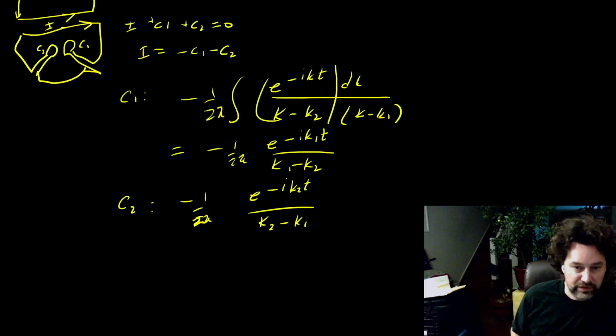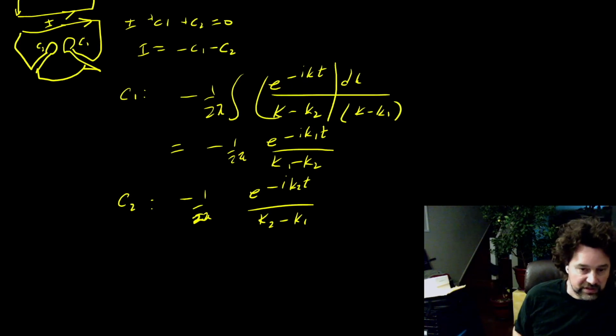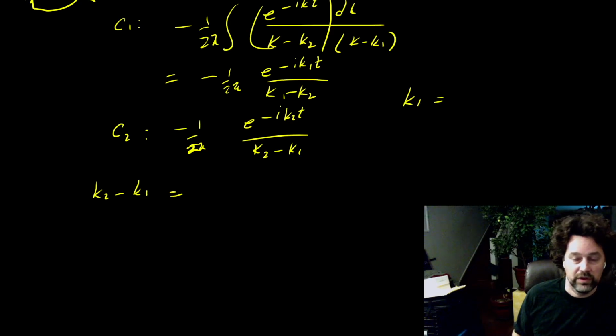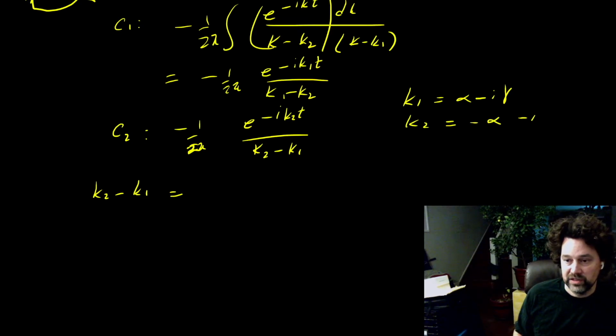So we have to evaluate what is k2 minus k1, or k1 minus k2. Let's try k2 minus k1. k1 was alpha minus i gamma. k2 is minus alpha minus i gamma. So k2 minus k1, the minus i gammas are going to cancel, is going to be minus 2 alpha.